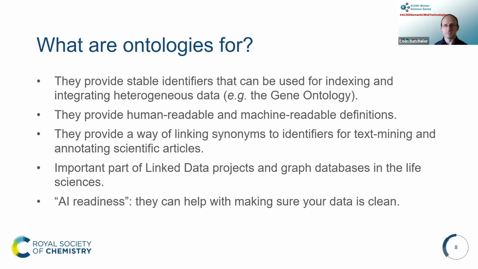One thing I haven't shown so far is that an ontology will generally have human readable definitions for what it's talking about. Not always, sometimes in computer science, these are absent. Another thing that's quite big in the life science ontologies is that they have big collections of synonyms, because, as you will know, people speak about the same things in different ways. They are also used in linked data projects.